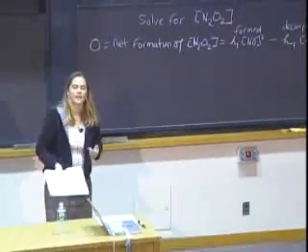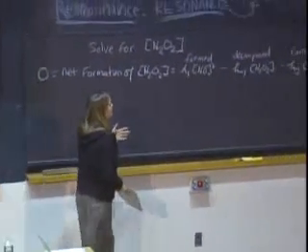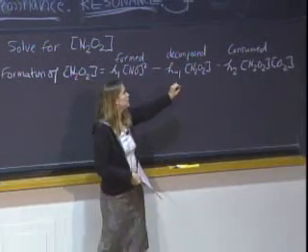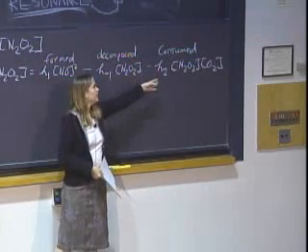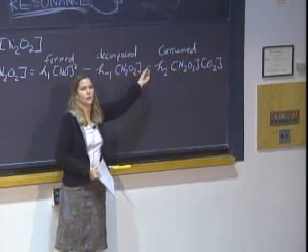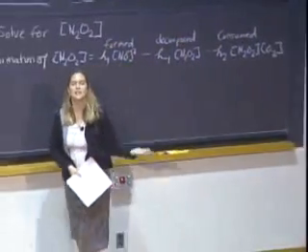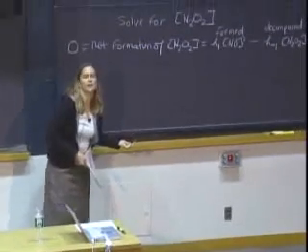Or if it's in a steady state, that the rate at which it's being formed is going to be equal to the rate at which it's being consumed, either by the reverse step 1 or step 2. So that this rate is equal to this rate. That means it's steady. The net formation is 0.